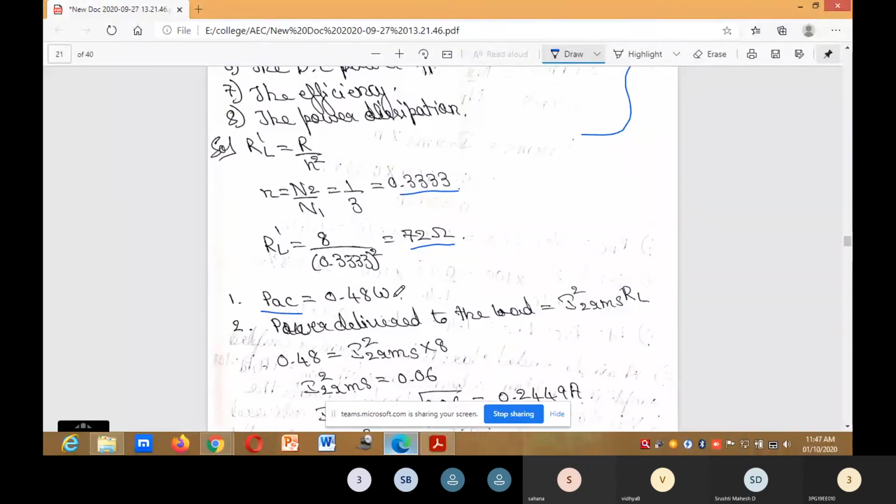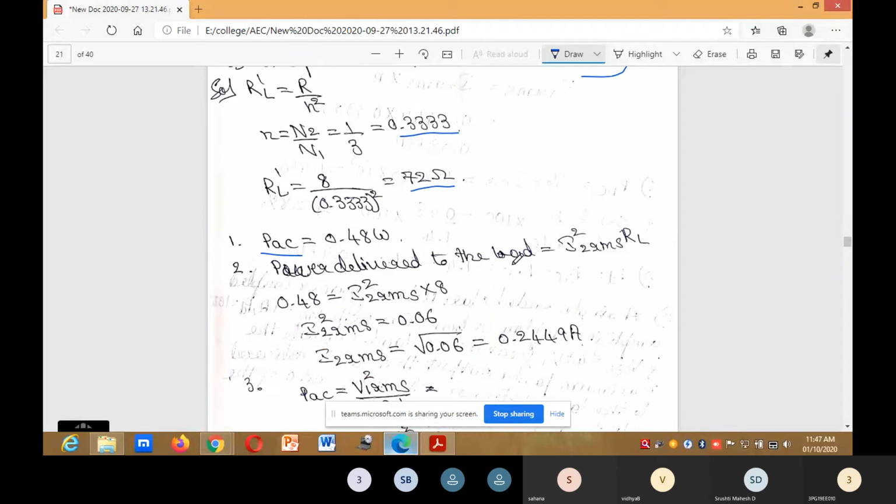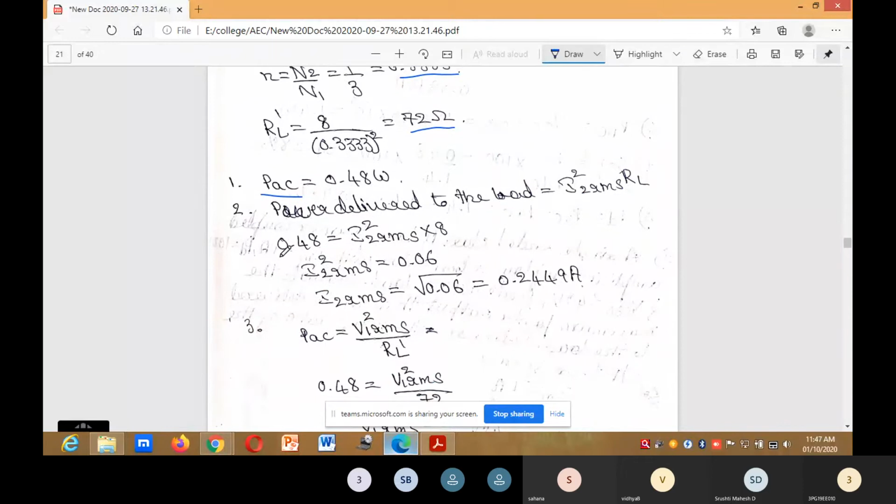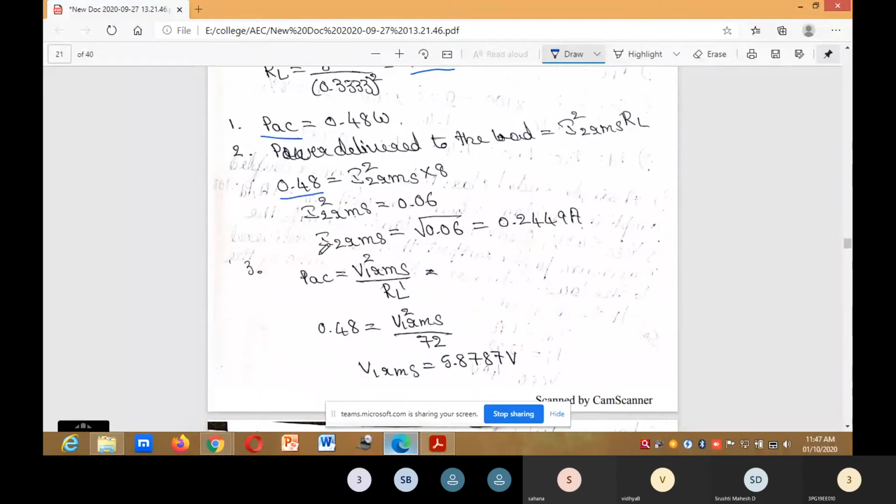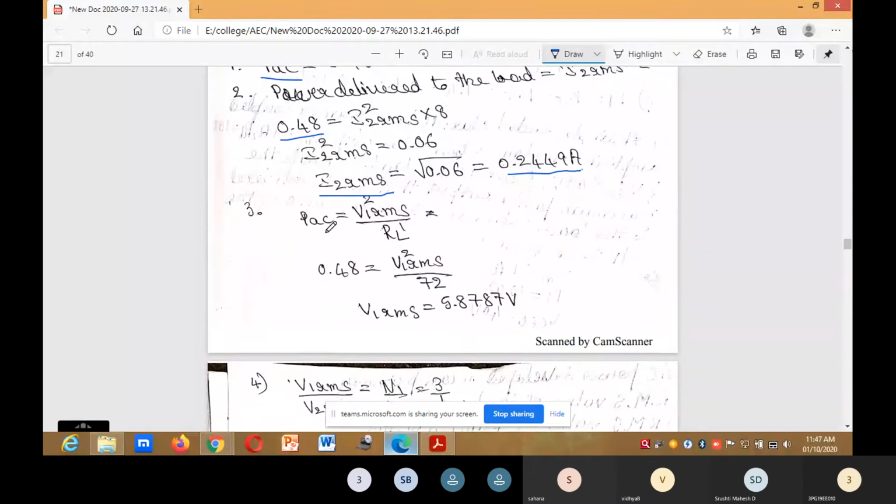PAC is equal to 0.48. The power delivered to the load, I2 squared RMS into RL, is equal to 0.48. Substituting, you get the I2 RMS value as 0.2449 amps.